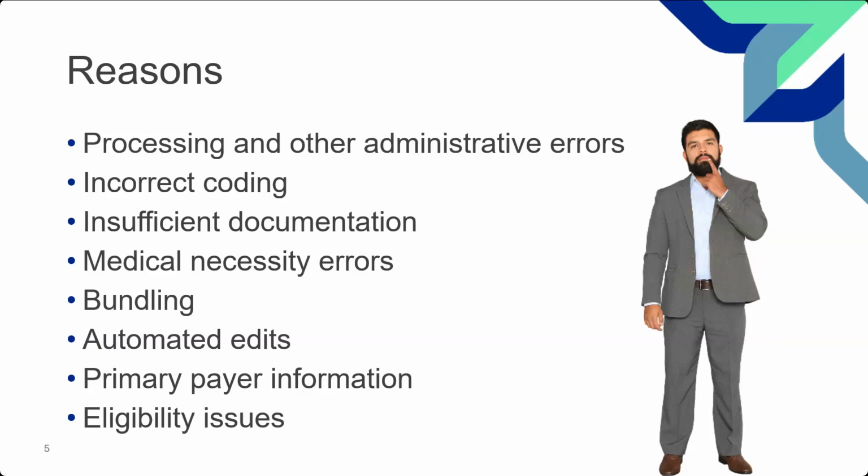There are a lot of automated edits. They look for medical necessity, they look for correct coding, they look to make sure that there isn't something unbundling when it should be bundling. These are all automated edits. In other words, no person has to stop it. We also have what is called the primary payer information. This causes a lot of overpayments.